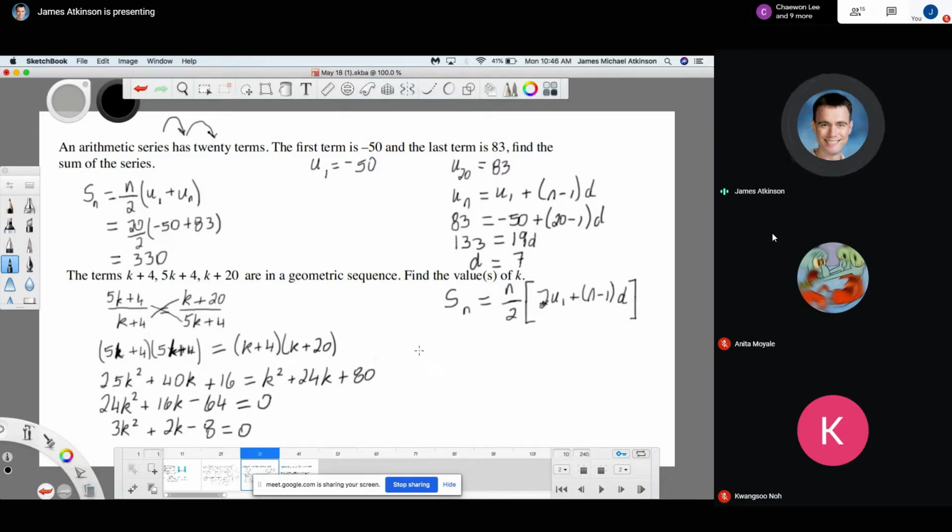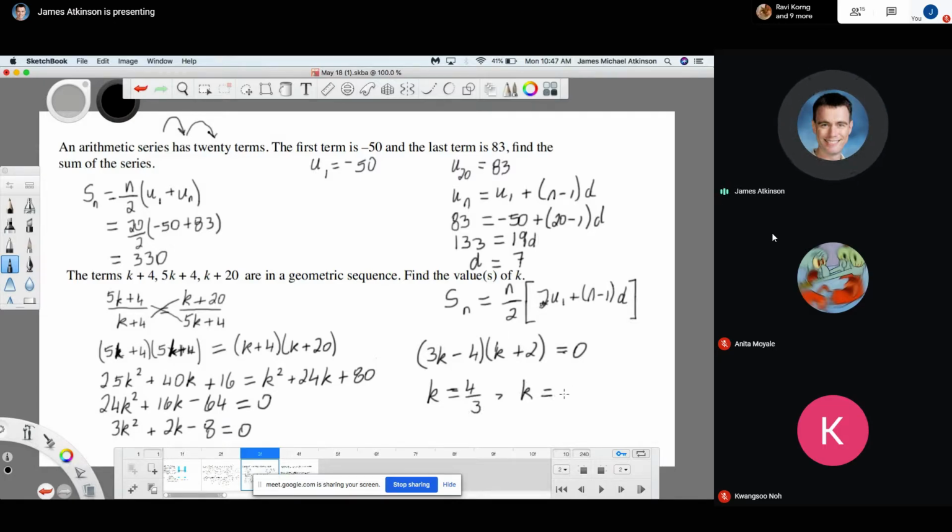This does factor, as most quadratics will in this course, right? And you'll discover then that there's actually two different possible values of k that will form three terms in a geometric sequence. k could be equal to 4/3, or k could be equal to -2.